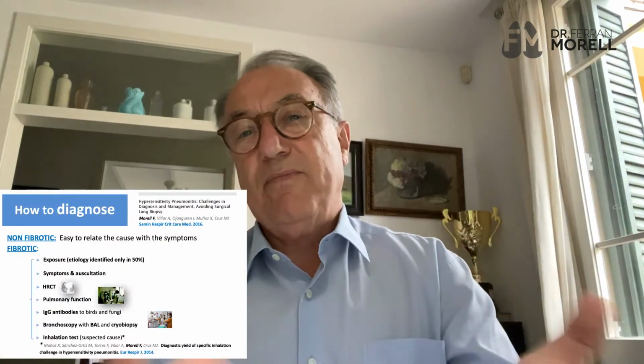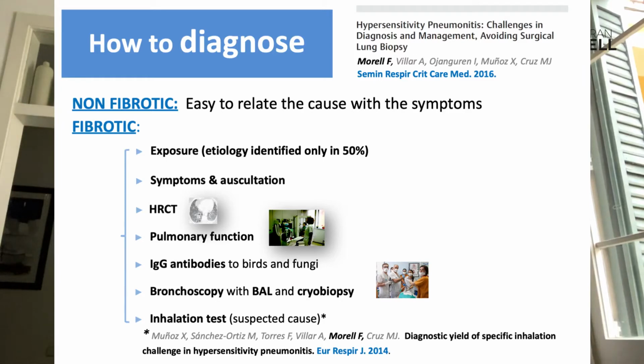Well, how do we diagnose HP? Sometimes the acute form is easy, no problem, because we know the antigen, and we can make the diagnosis very quickly. The problem is with the fibrotic form, so we try to identify the antigen, so the exposure is very important, and in the literature the antigen is only found in about 50%, so we don't find the antigen cause in very many cases.